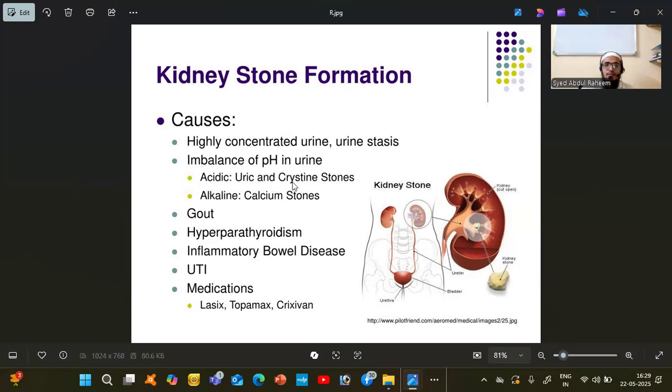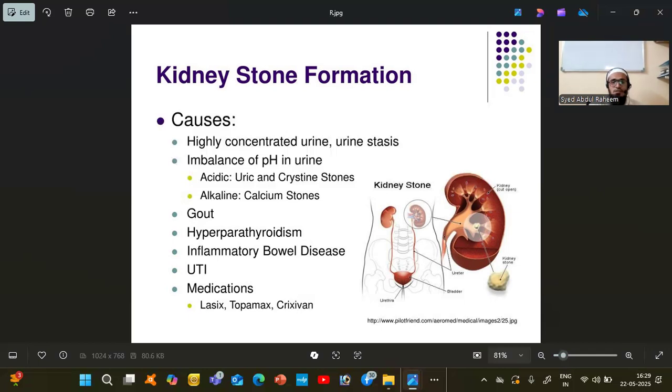Gout and hyperparathyroidism are also reasons, as are inflammation, UTI and medications like Lasix. All are common. So that is the reason kidney stones are very, very common.